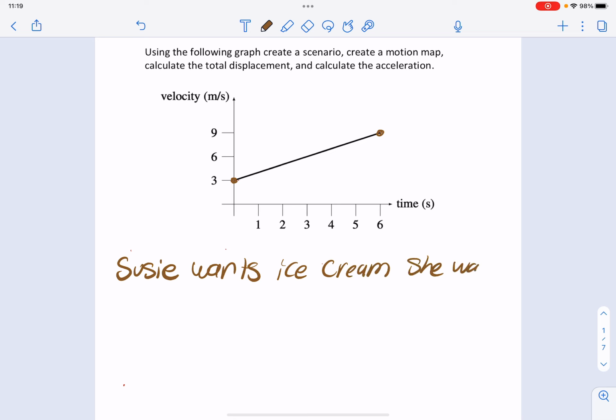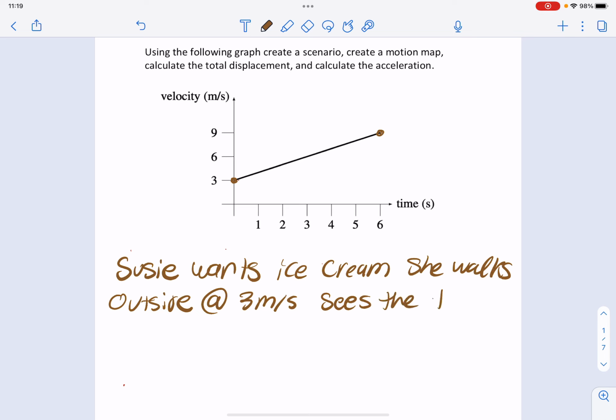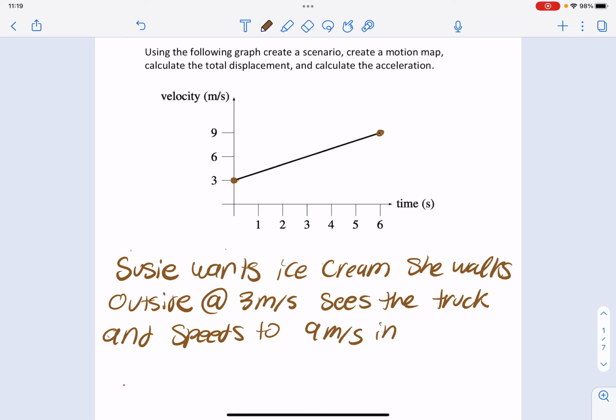She walks outside at 3 meters per second, sees the truck, and speeds up to 9 meters per second in 6 seconds to catch it.